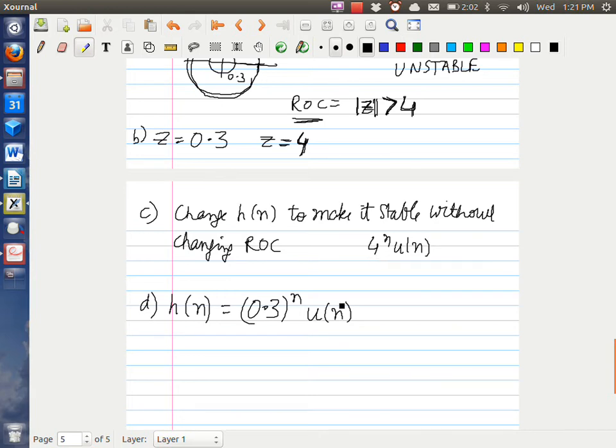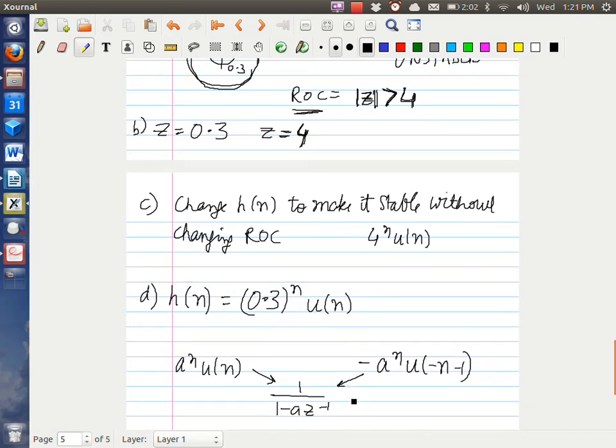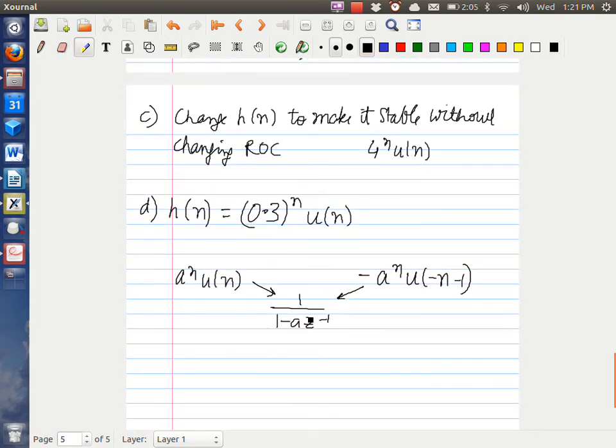if a to the n u of n gives you 1 over 1 minus a z inverse, you have another sequence, negative a to the n u of minus n minus 1, that gives you the same z transform. And the difference is the ROC. This is a causal sequence. The ROC is outside of a circle. This is anti-causal because of the negative n, and the ROC is inside of a circle.